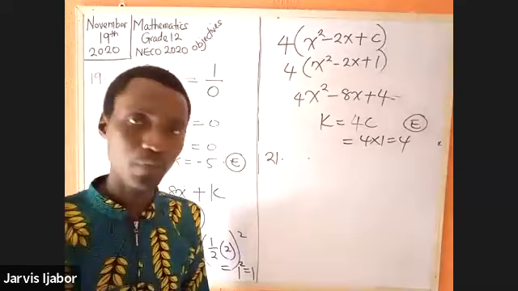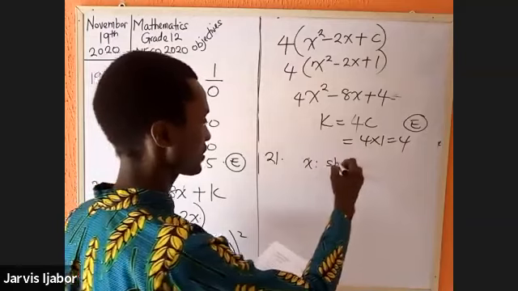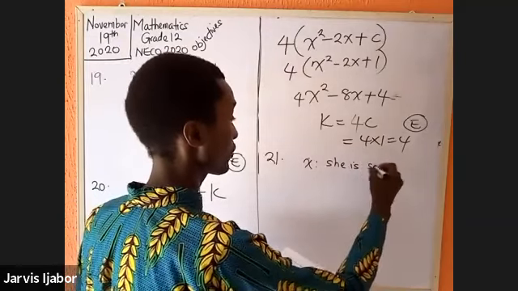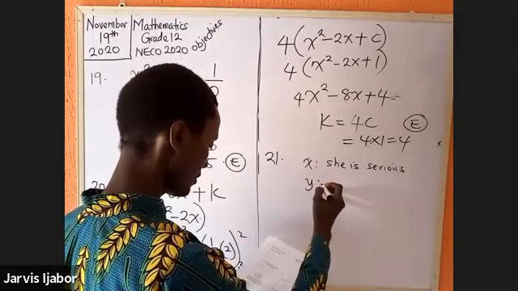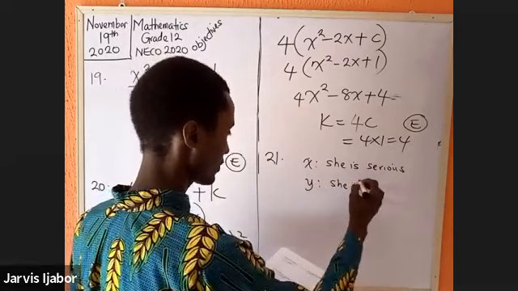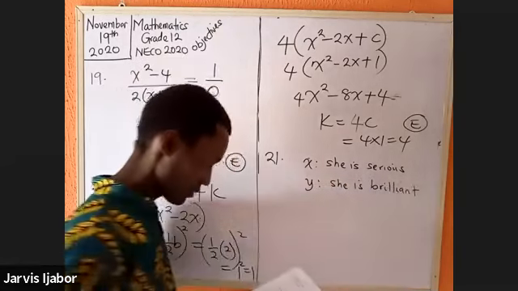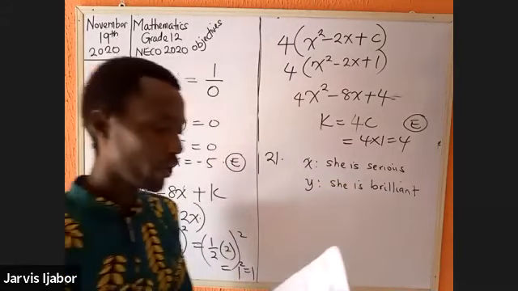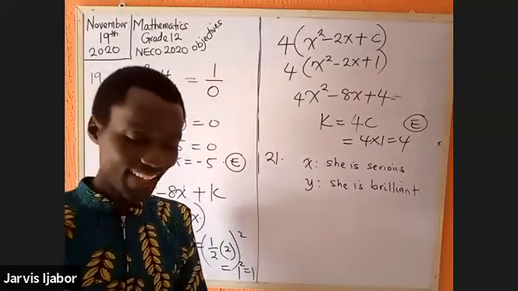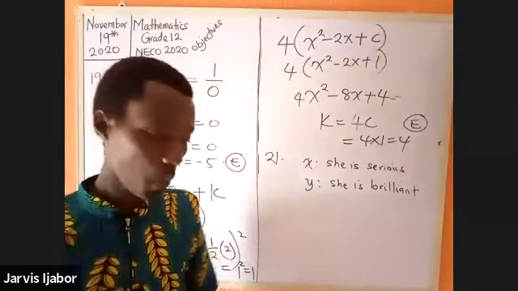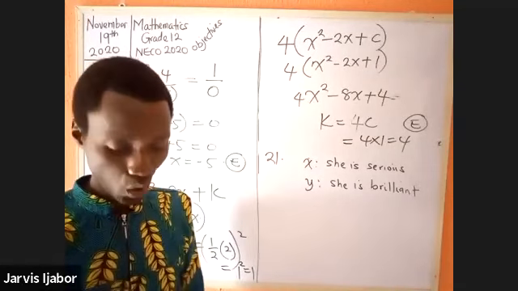Now, given the statement X, she is intelligent, she's serious, and Y, she is brilliant. It says, which of the following logical connectivities describe the statement, she is neither serious nor brilliant.